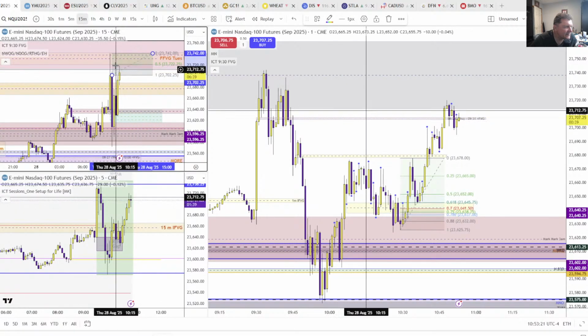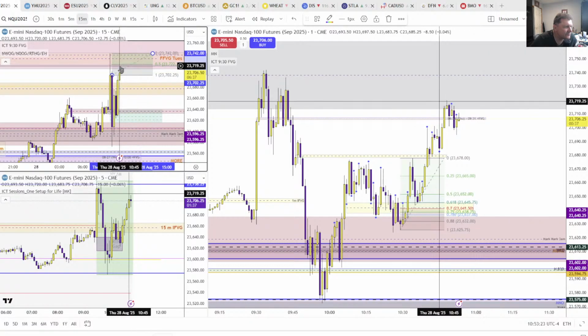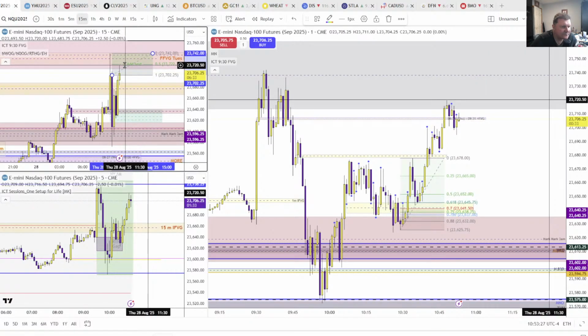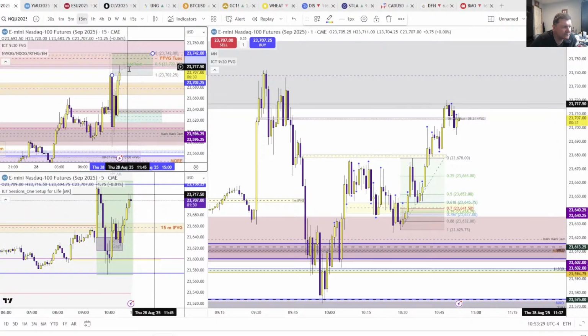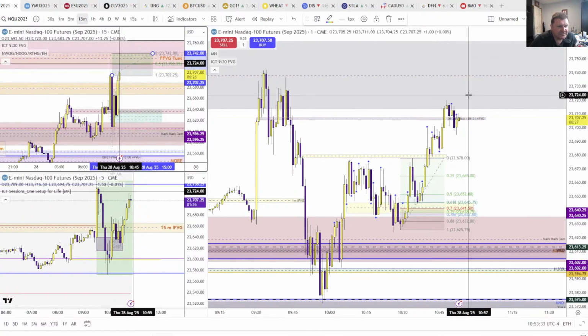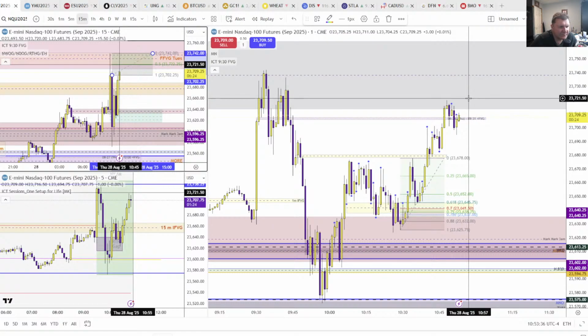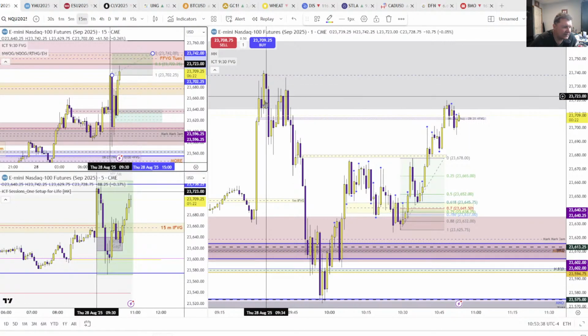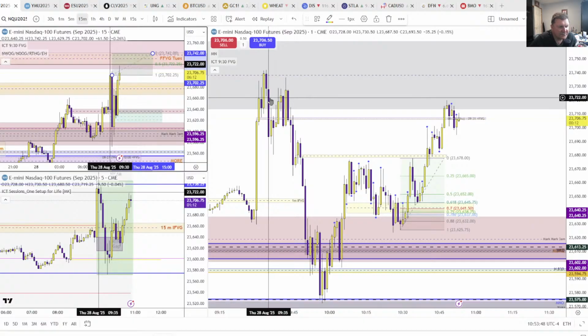It's 722 of that wick. We're just under it. You get back up on top of this, look for 722, which is right at the top of that fair value gap here, the SIBI. And we'll see if we close above that.